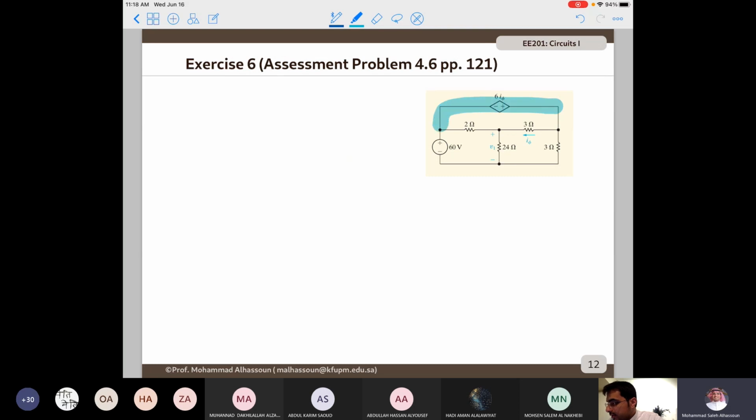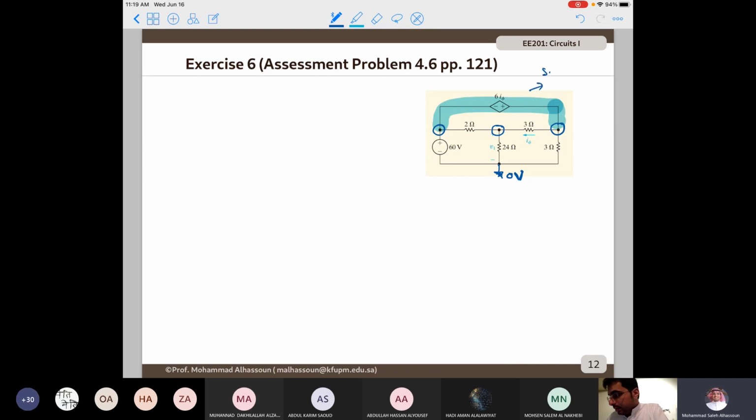So this one is a supernode. I have this node, of which I know the voltage, I have this node, and I have this node. So basically, I have 4 essential nodes, 3 equations, 3 nodes, but one of them is connected to a voltage source, which is going to give me a 60 volt voltage here.